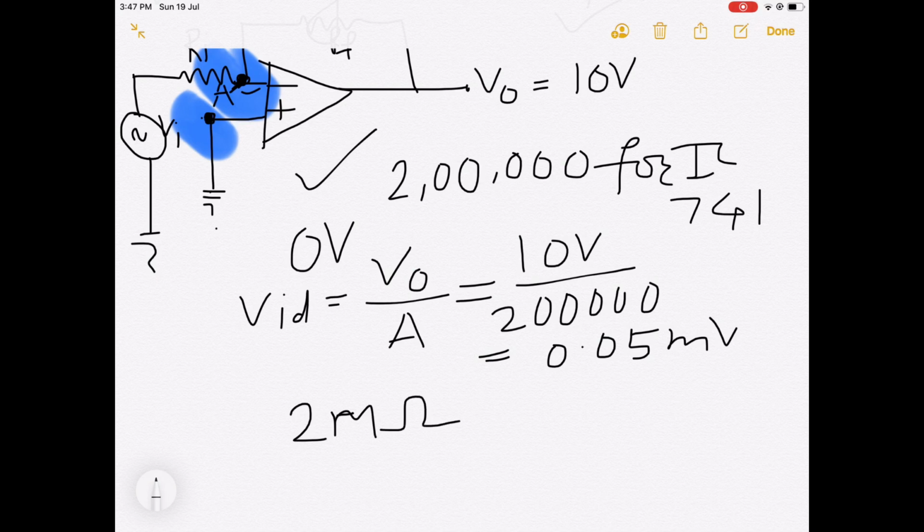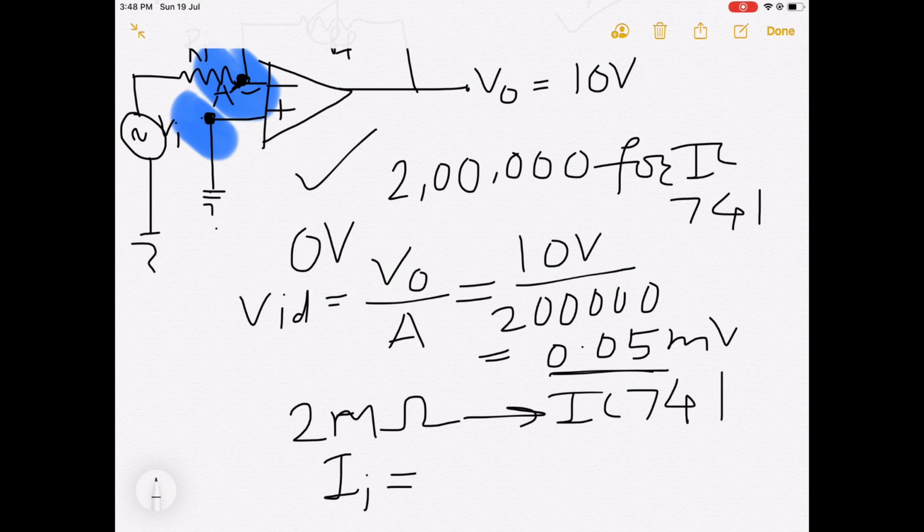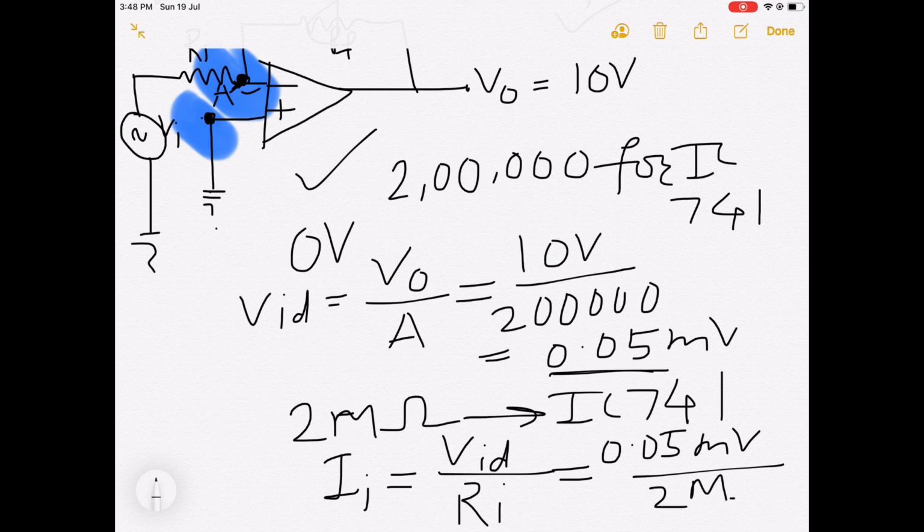Furthermore, open loop input impedance of IC 741 is about 2 mega ohms. We have seen this point, that input impedance of op-amp is very high and it is 2 mega ohm for IC 741. Therefore, for an input differential voltage of 0.05 millivolt, the input current is given by I equals VID, the difference voltage, divided by Ri. VID is 0.05 millivolts and Ri is 2 mega ohms.